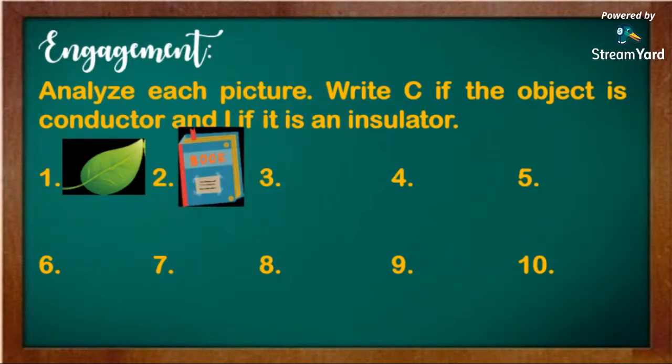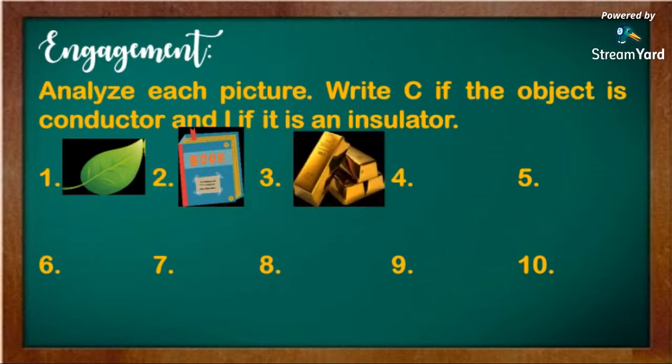Number 2 is a book. What is your answer? Is it C or I? Alright, it's letter I again because it does not allow electricity to pass through. How about this one? Letter C or I?